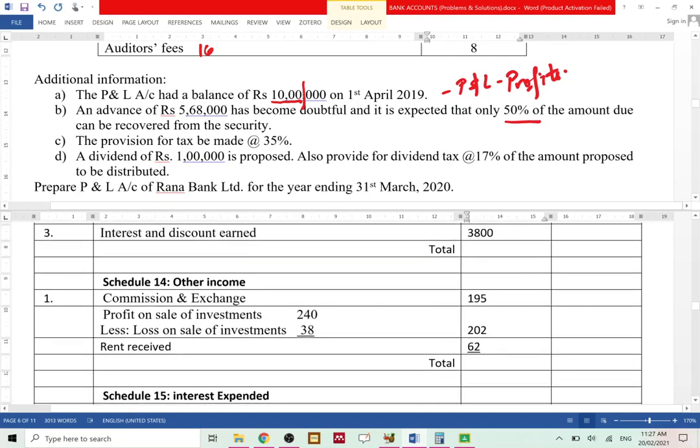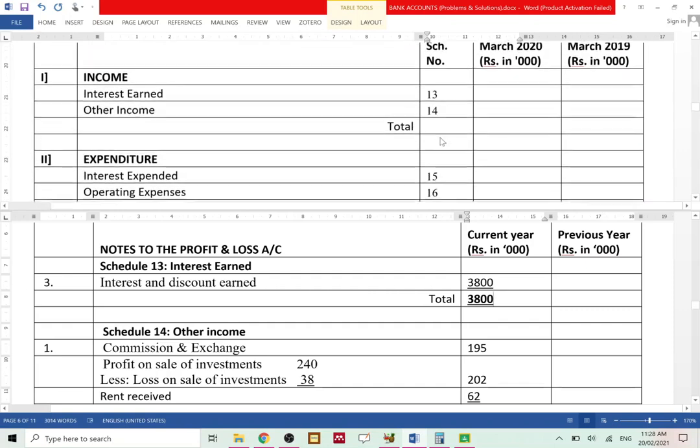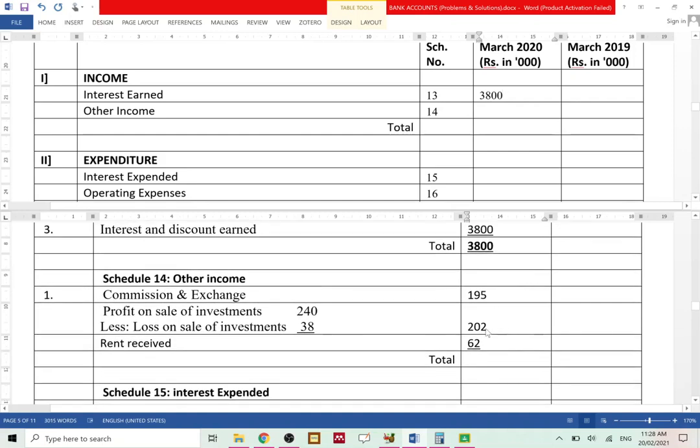So our schedules are done. Let's total up and see what the totals of each one of these items are. First one 3,800, since there is no other item to be added. Same way we keep transferring it, interest earned over here 3,800. Next, other income 195, 202 plus 62, we get 459. Let's transfer the total there, 459.